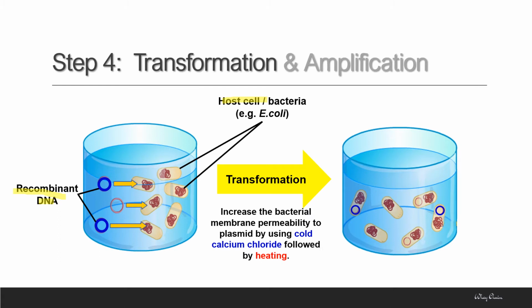Even though the plasmid is considered a small circular DNA, it still has difficulty being reinserted back into the bacterial cell. So we need to increase the membrane permeability to the plasmid. The method starts with a cold calcium chloride treatment followed by a heating process. So at the end of the transformation, the host cells are able to carry the recombinant DNA, or some of them will carry the original plasmid.